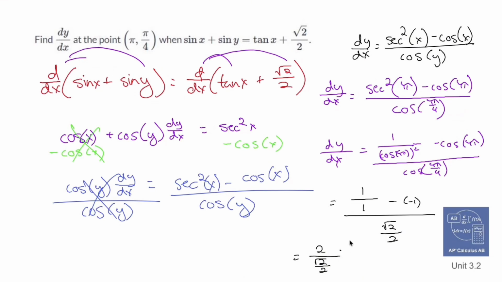Multiply the top and the bottom by 2 over root 2, and you get 4 over root 2, which if you wanted to, you could simplify. It would be 4 root 2 over 2, so it would be 2 root 2 when all is said and done. But, you know, we're going to leave it like that.